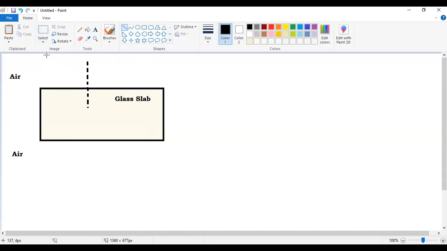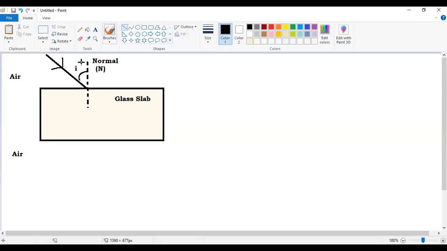Suppose this is an incident ray shown to you. So, if this is an incident ray, that means this is the arrow and the dotted line is the normal. So the angle between incident ray and normal is known as angle of incidence.